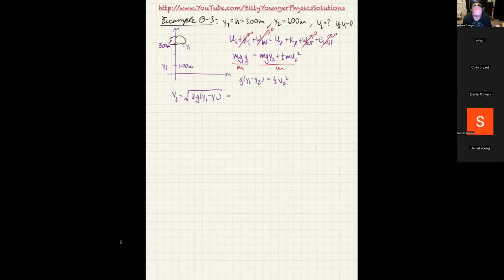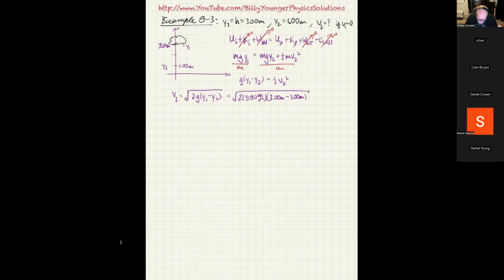Now, I'm going to go ahead and calculate that, but I want to point out exactly what that's telling us because it's a very interesting thing about physics that I love. So I'll do that in a second, but we'll take the square root of 2 times 9.80 meters per second every second times y1, which is 3.00 meters, minus 1.00 meters, which is y2. So you basically see that you're getting 4 times 9.80 under the square root, and that has units of meters squared per second squared.